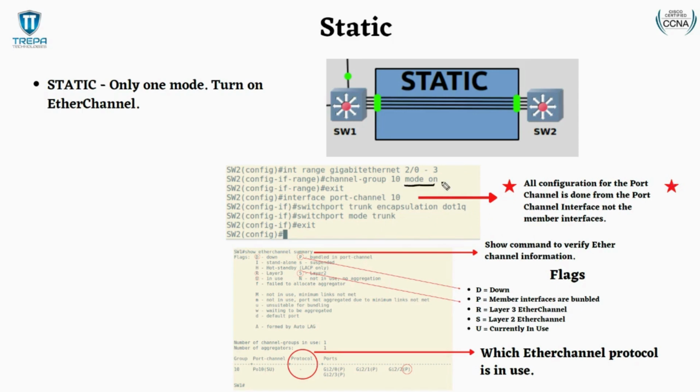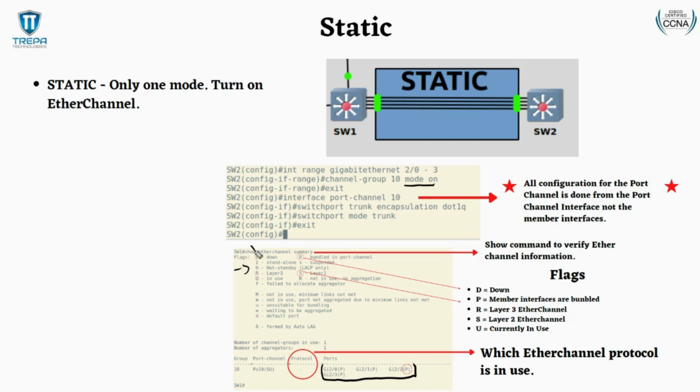So on this slide, we're also going to break down that Ether channel summary command. With the Ether channel summary command, it's going to show us a couple different things. It's going to show us which member interfaces we're trying to bundle, and then it's going to have these flags here. These flags are going to tell us essentially whether or not we're layer 2 or 3, and if we're in use or we're down.